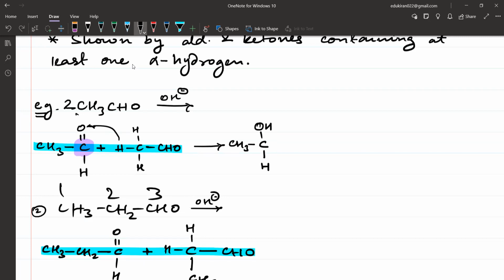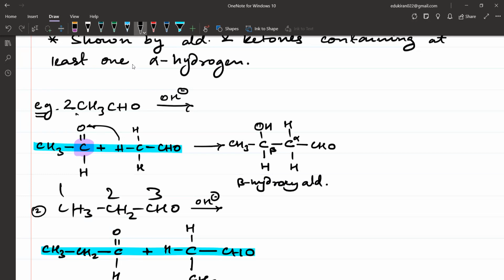After that, carbon atom, H, CH2, CHO. This is the alpha carbon, this is the beta carbon because of CHO. So this is known as beta. It has a hydroxy group, and this will be aldehyde.